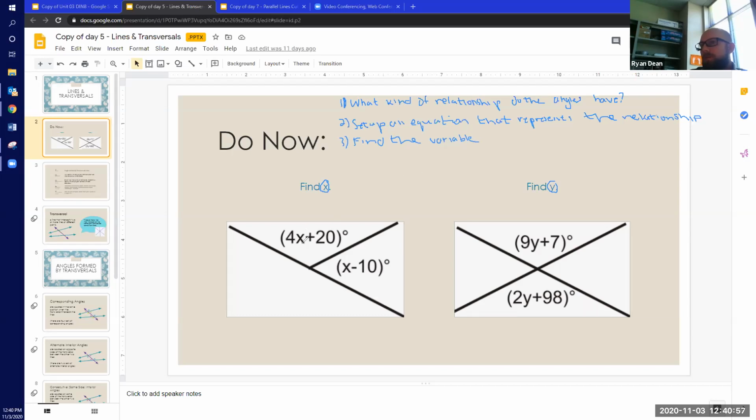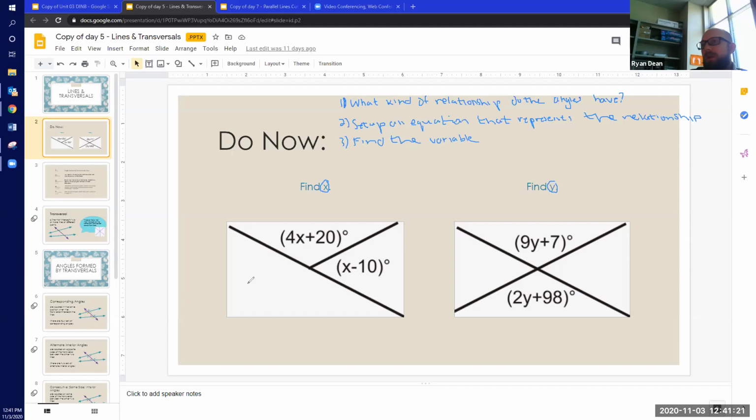So sometimes you might have to solve for x, and then take x and plug it back in to find the specific angle. Just because you find out what the variable is, that doesn't mean that you're done with the problem. You need to check and make sure that you actually answered the question that was being asked. So in this case, we're just finding the two variables.